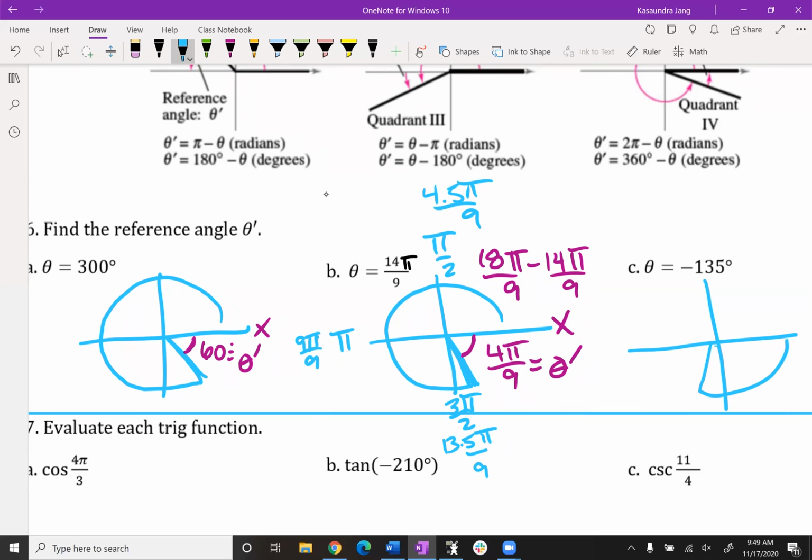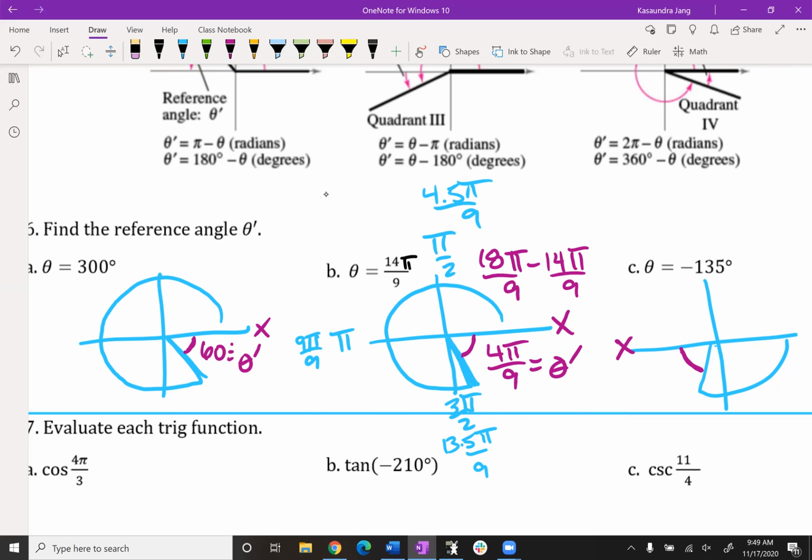Nice. So we're going to find this reference angle that goes to the x-axis. All right, I know that half a circle, if I finish this off, is 180 degrees. I should have a positive angle.